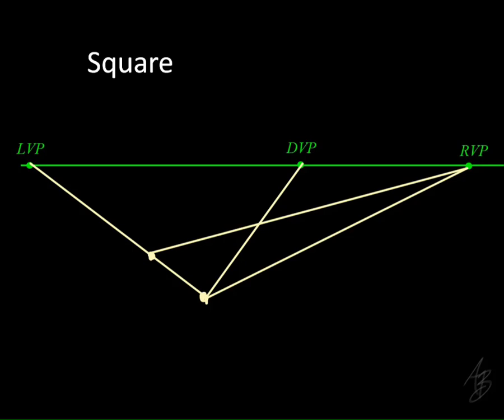How do I make sure that it's a square? Miles? You draw a line going from the left vanishing point through the diagonal? But the diagonal's a line, so where on the diagonal should I go? Okay, good.